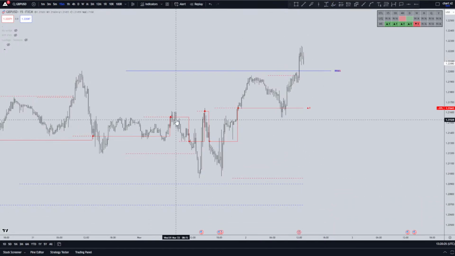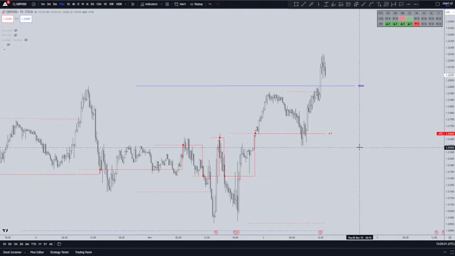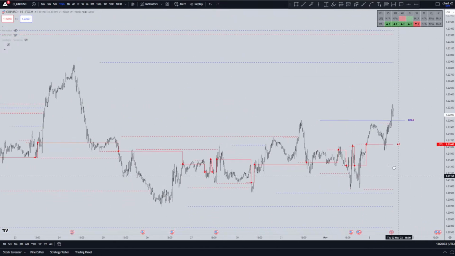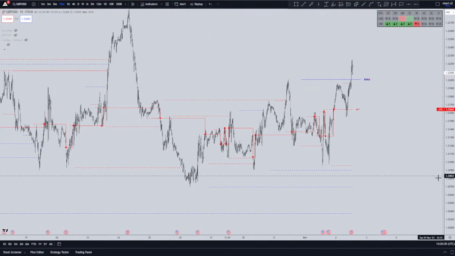But end of the day, if you just draw a simple line on the screen, you'll find reactions, but you need to have a meaning: what's the reason that line is special?